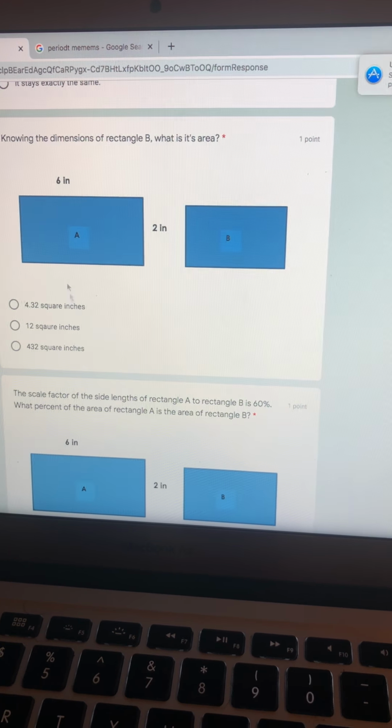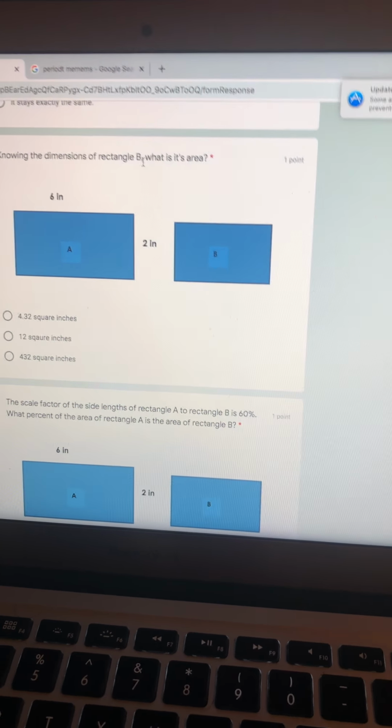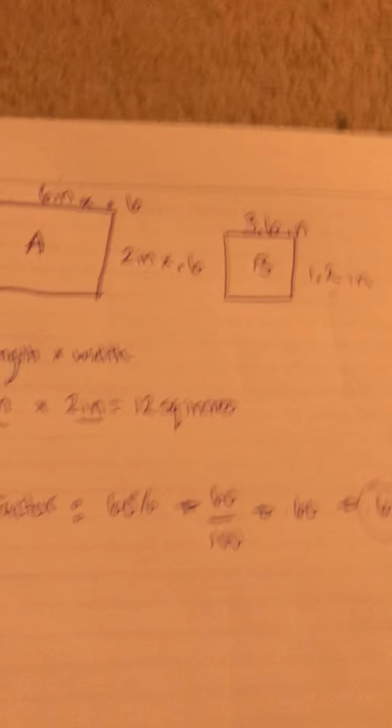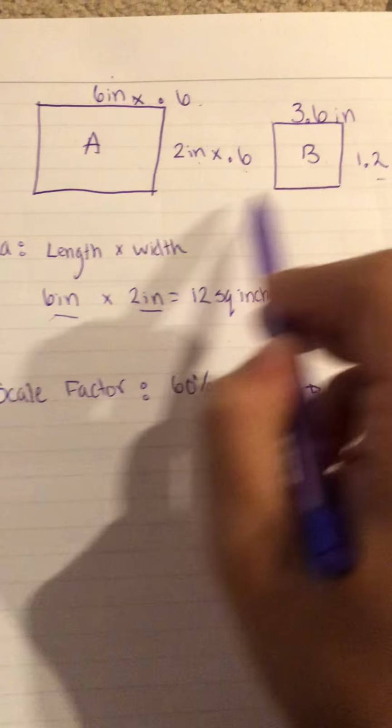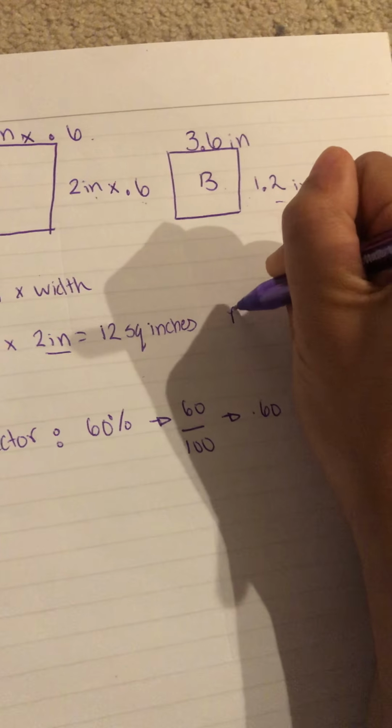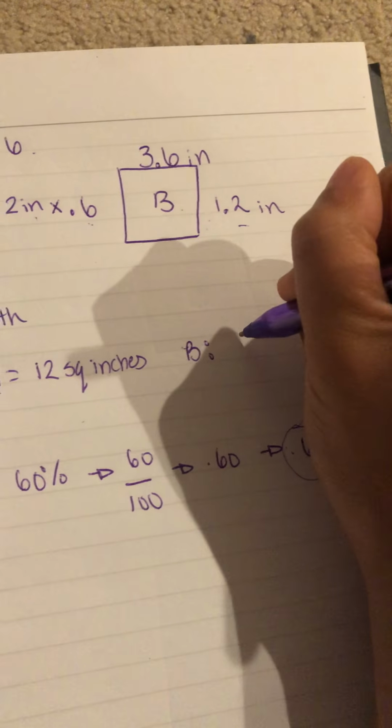Now, knowing the dimensions of rectangle B, what is the area? Remember, the area of a rectangle is length times width. We found it for rectangle A. Now we're going to find it for rectangle B, and all you do is multiply.